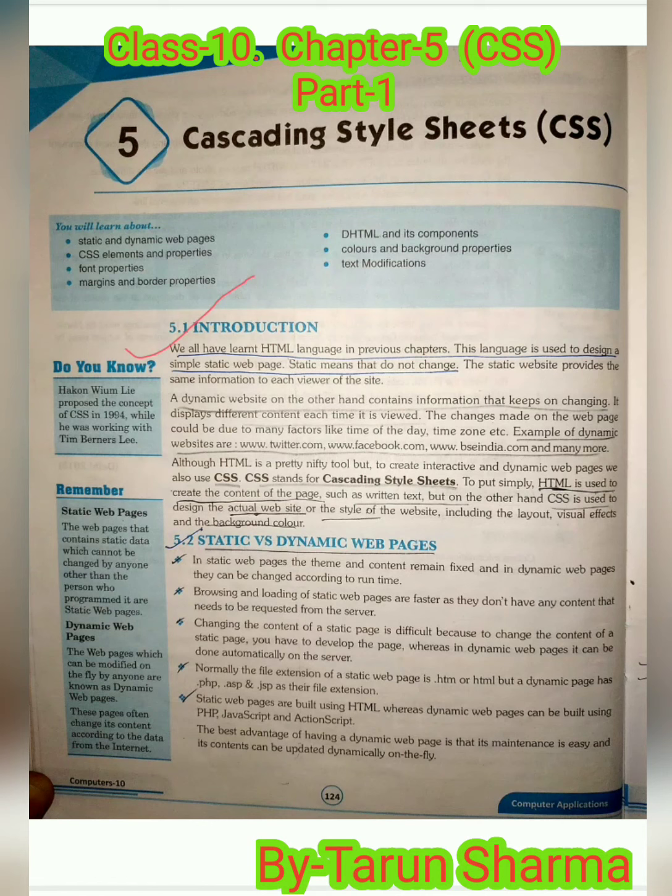Okay, and HTML is used to create the content of a page such as written text, but on the other hand CSS is used to design the actual website, or the style design, of the website including the layout, visual effects and background color.